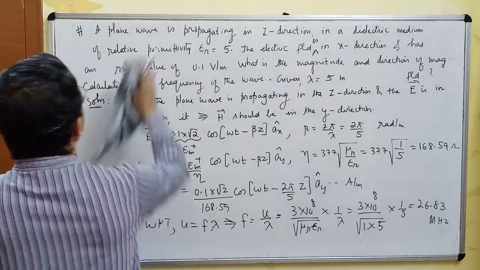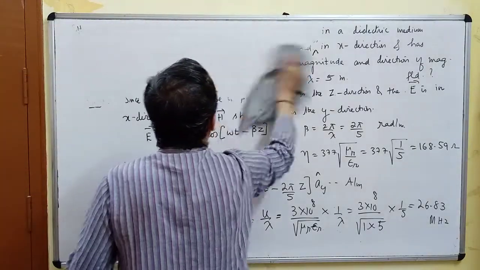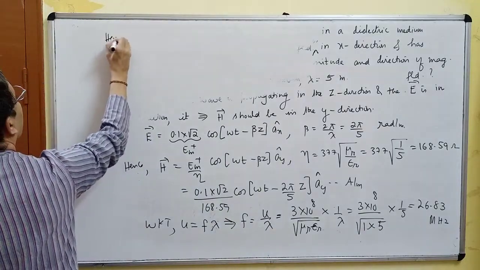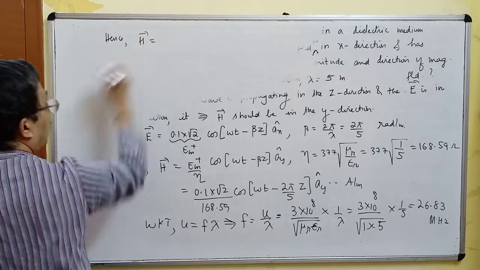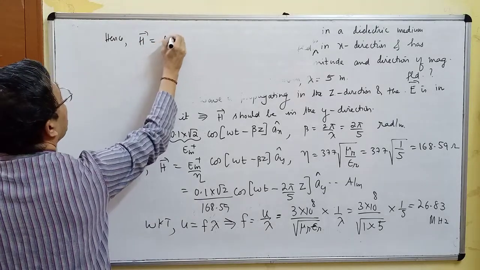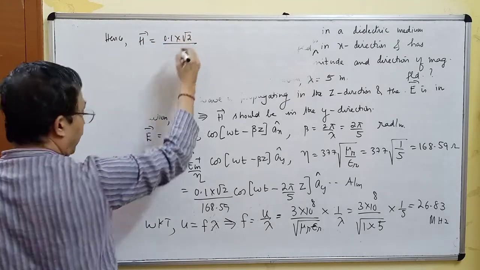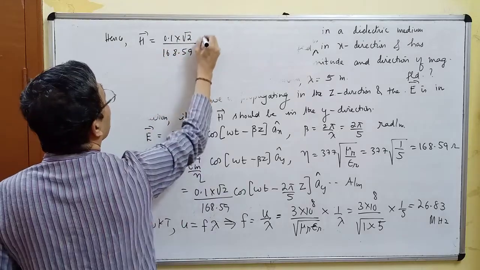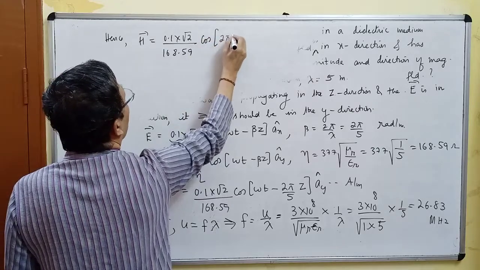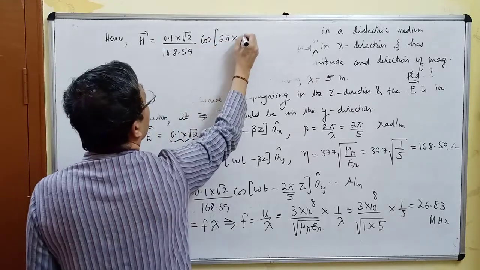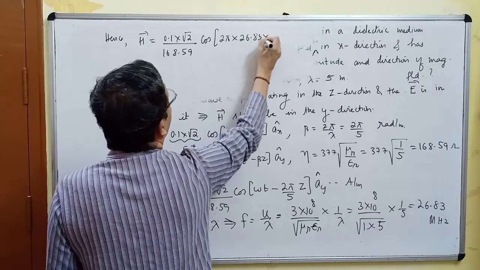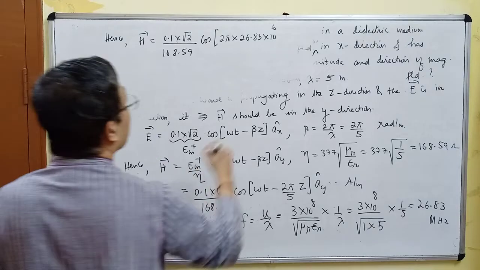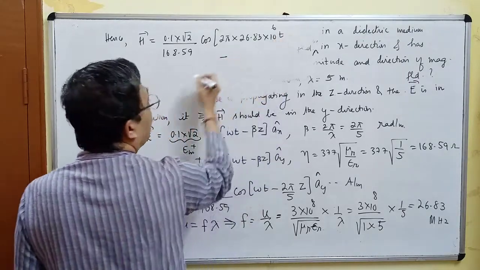Once you know the expression for F, we can substitute omega. Hence, vector H is equal to 0.1 into root 2 divided by 168.59 cos of 2 pi f, where F is 26.83 into 10 to the power 6, into t minus beta.